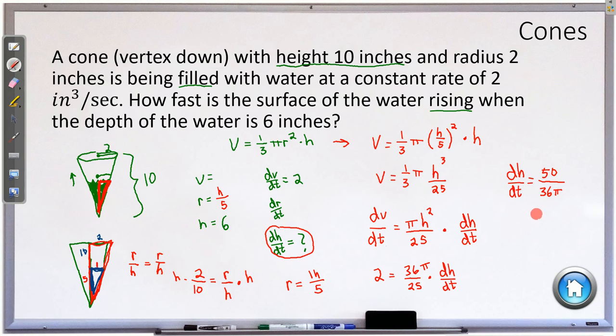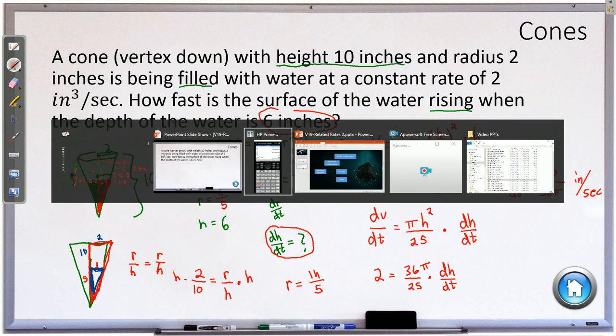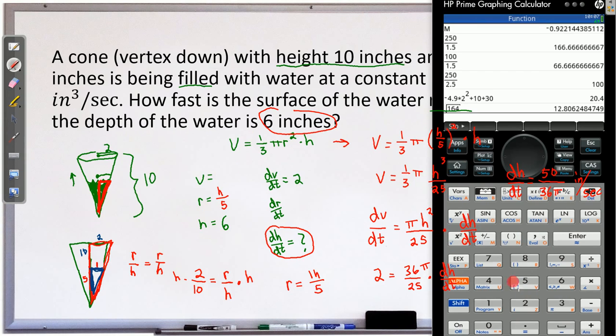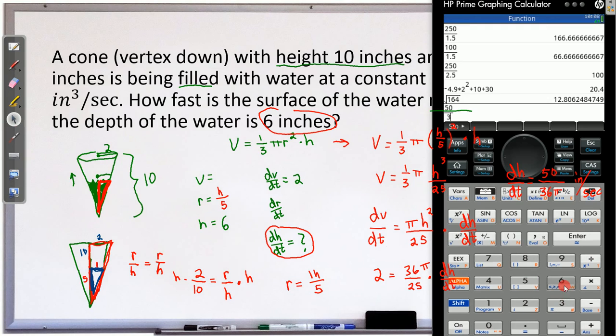And what are our units going to be? Height is in inches per, time is in seconds. 50 over 36 pi inches per second. If that is not satisfying to you, let's change that. What do we get? 50 divided by 36 pi.